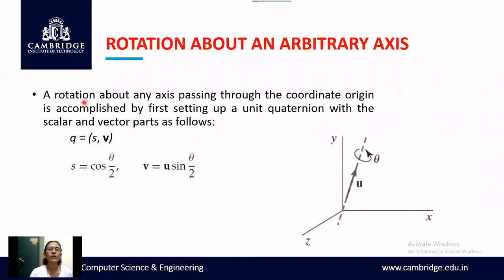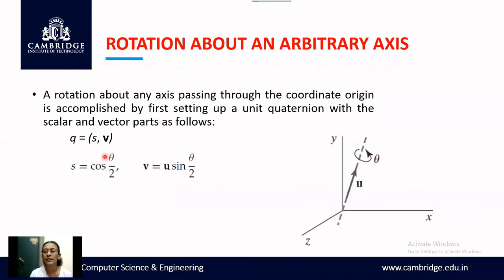The rotation about any axis passing through the coordinate origin is obtained by the quaternion Q equal to S comma V. Say U is the unit vector along the arbitrary axis passing through the origin. Then the quaternion for rotation is S comma V, where S is cos theta by 2.